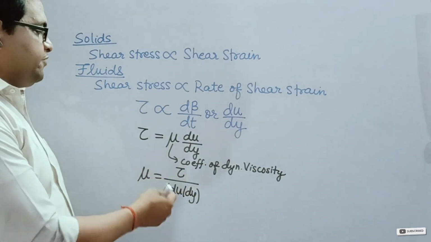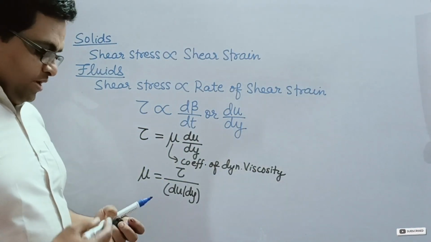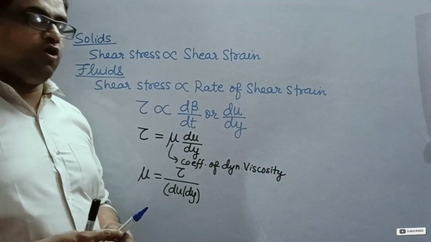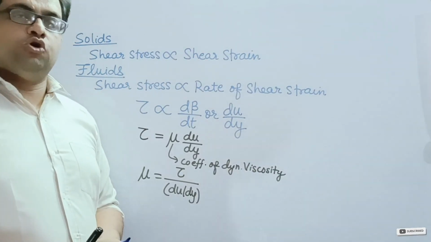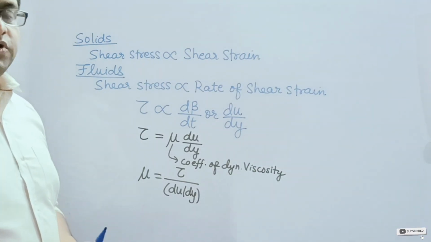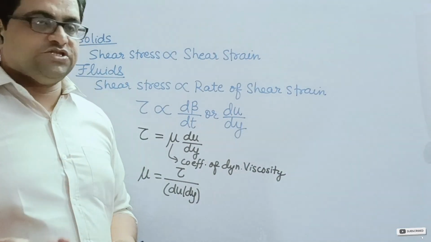And if we plot a graph between shear stress and shear strain, what we will get? Now, also we have discussed in the last class that the fluids which follow the Newton's law of viscosity are Newtonian fluids. So basically we will talk about Newtonian fluids. In case of Newtonian fluids, we have the shear stress directly proportional to the rate of shear strain.